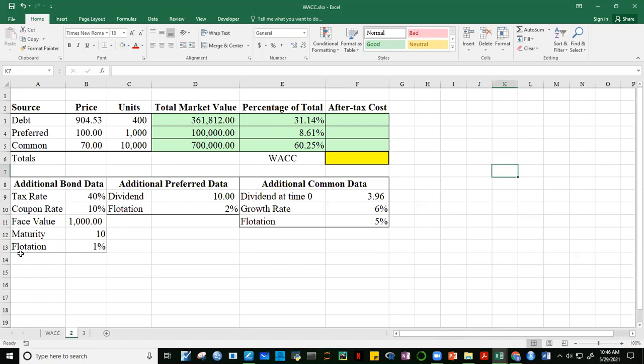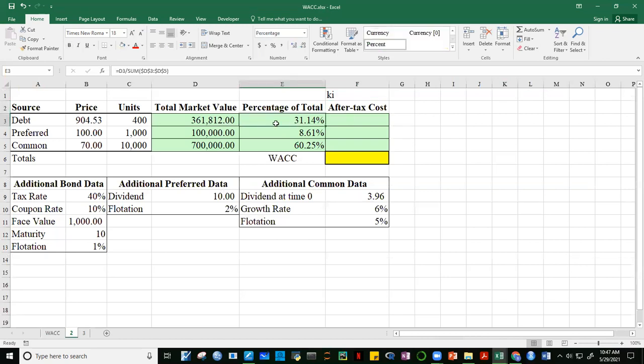We have additional data for bonds, for preferred, and for common. So we need to compute the K sub I's, the costs: cost of debt, cost of equity, because we already know the weights.